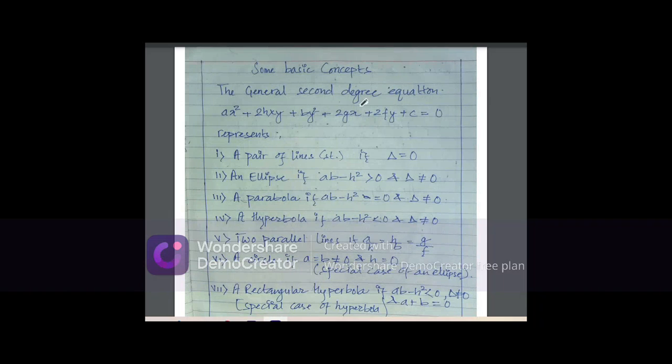So the given parabola is 25x square minus 120xy plus 144y square minus 2x minus 29y minus 1 equals 0, as it satisfies the condition, that is ab minus h square equals 0 and delta does not equal 0. As the given equation is a second degree equation, it represents a parabola as it satisfies this condition. So it is a parabola. Here is the equation of the parabola: 25x square minus 120xy plus 144y square minus 2x minus 29y minus 1 equals 0.